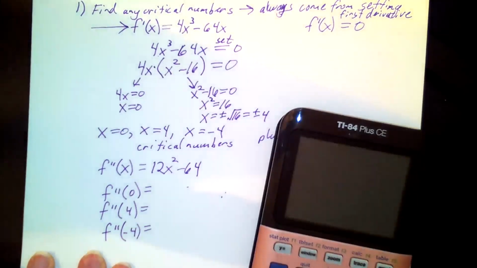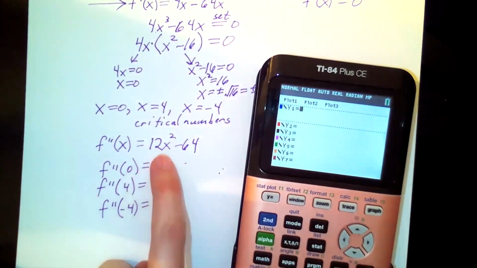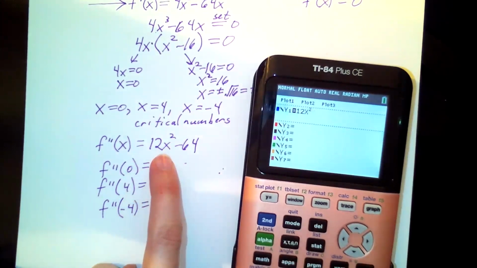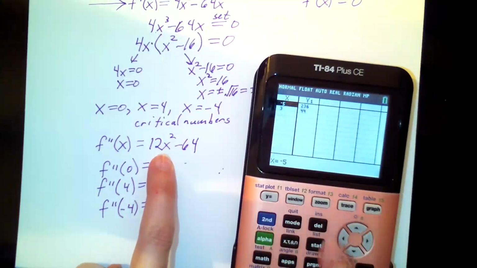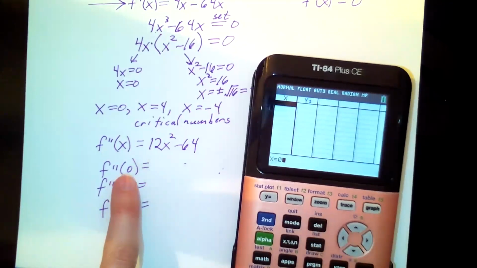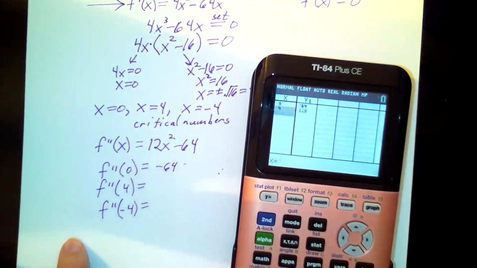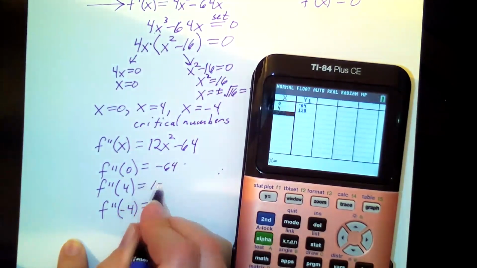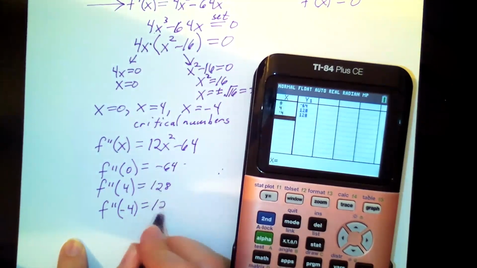So let's put this in our calculator. Put the second derivative in there, 12x squared minus 64. Plug in 0, we get minus 64. Plug in 4, and we get 128. Plug in negative 4, and we get 128.